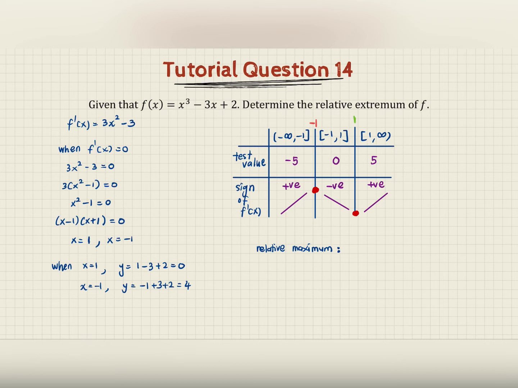Relative maximum dekat negative 1. So this one lah. Here kan? This one will be relative maximum. So negative 1 and 4. Okay. Dan juga relative minimum ataupun minimum point. Okay. Boleh je tulis apa-apa asalkan nampak perkataan maximum minimum tu. Minimum tu. So 1 and 0. Okay.